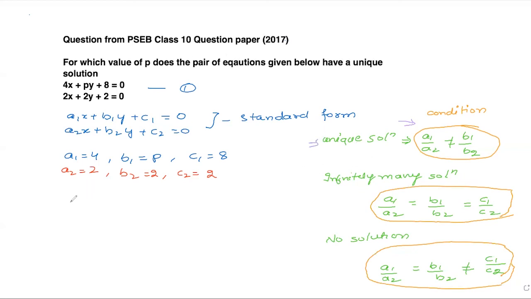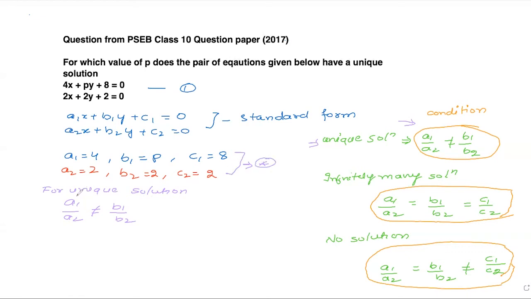It says that a1 upon a2 should not be equal to b1 by b2. Let's call the given set of equations star.